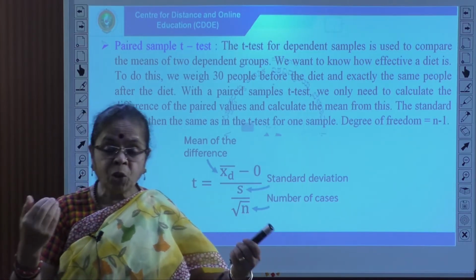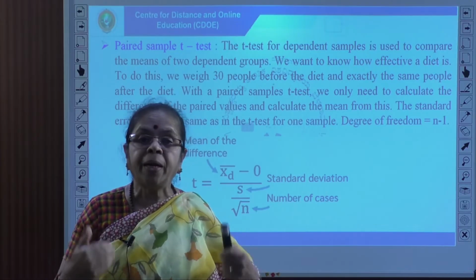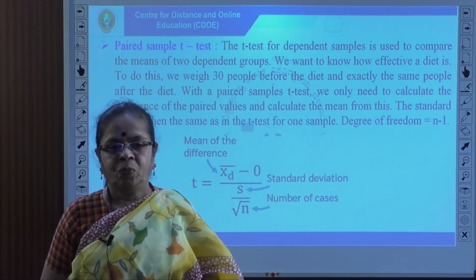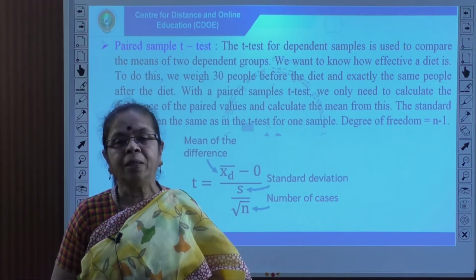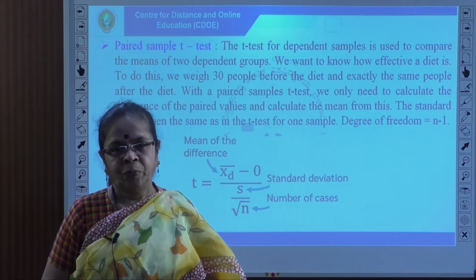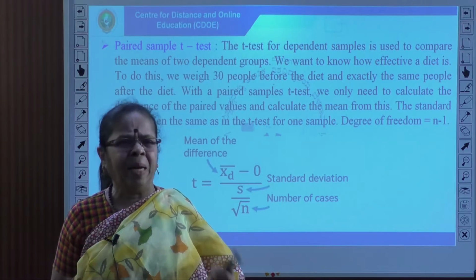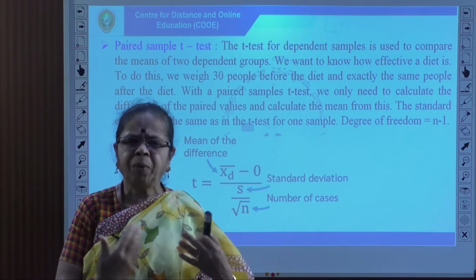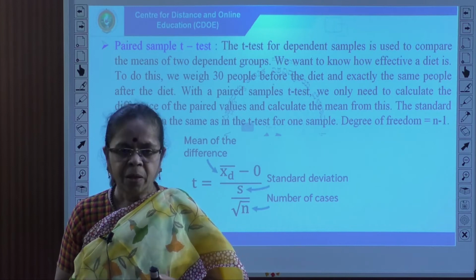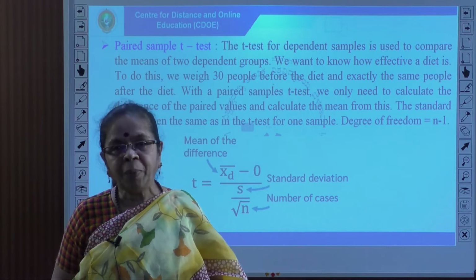So, here I am trying to test a dependent variable like weight loss, how it is dependent on the diet, clear, or some health parameter, maybe acid reflux and diet, something I want to compare. That time I use this paired sample t test.